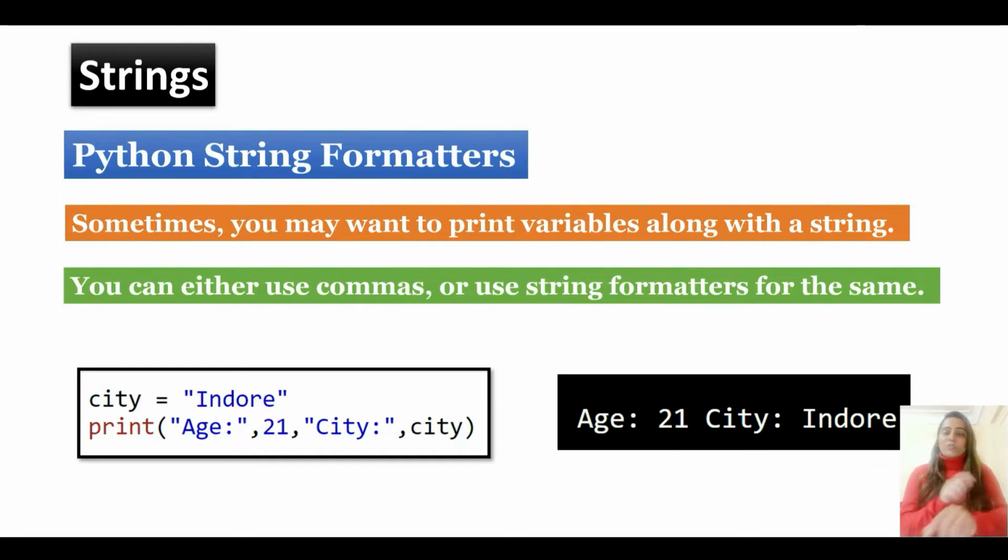So you will separate it with a comma, and then you will again put a comma over here, and then you want to type in city : and again print this city variable along with the city. So this is how you can use commas and print the variables as well as other numeric, float or some other values along with the strings, because you cannot concatenate them using the plus operator.